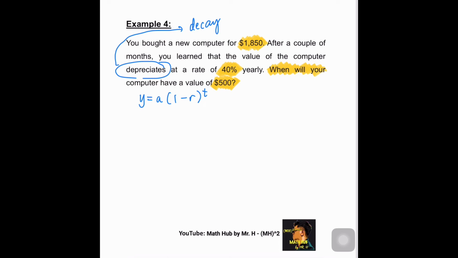So y will be 500 because that's the future value or the future amount. And a is the initial value, which is 1,850 times 1 minus the rate, 0.40, to the power of t. T is missing. So that's what we need to solve for.